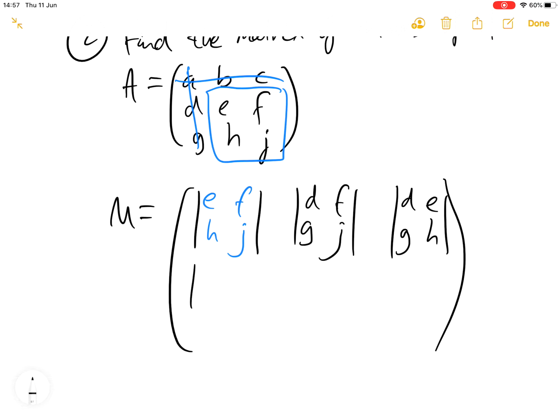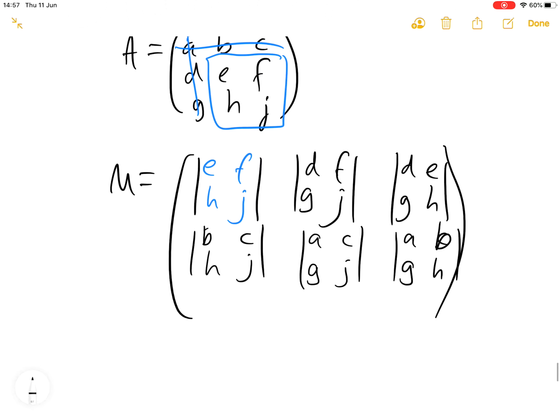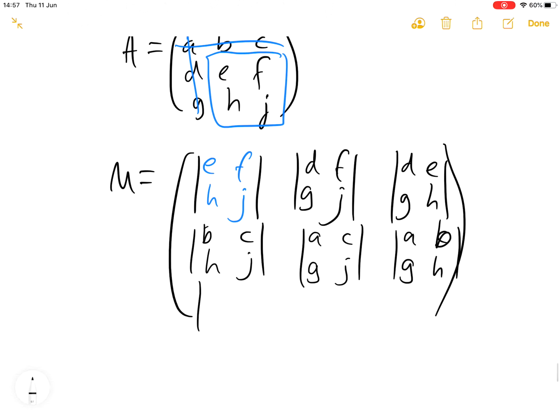The minor corresponding to D is BCHJ. The minor corresponding to E is ACGJ. The minor corresponding to F is the determinant ABGH. And lastly, the minors corresponding to G, H and J, I'll just write them down.